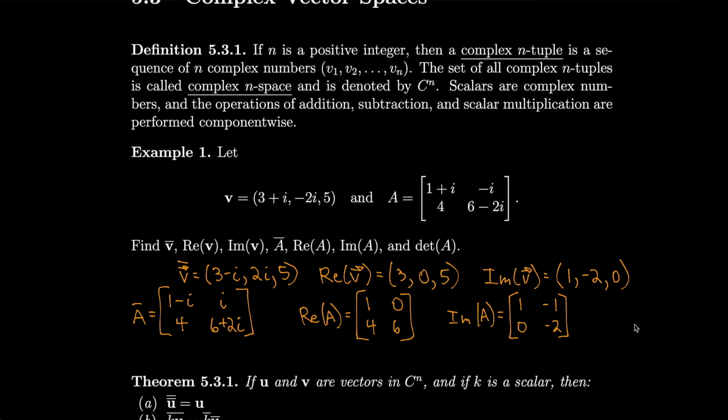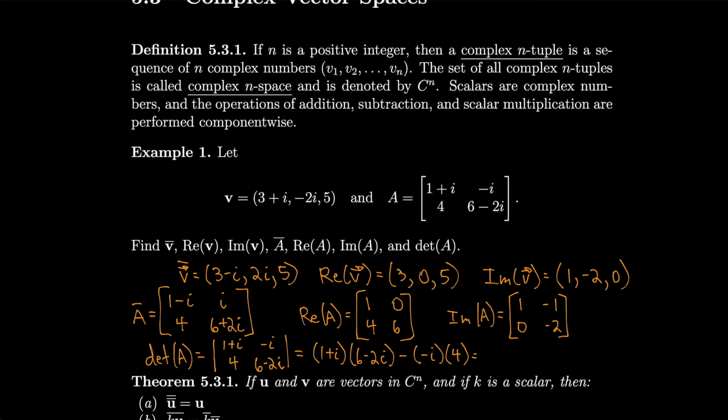Okay, last but not least, how about we get the determinant? So the determinant of A will just be the determinant of 1 plus i, 4 minus i, 6 minus 2i, and then multiplying we get that's 1 plus i times 6 minus 2i minus i times 4.